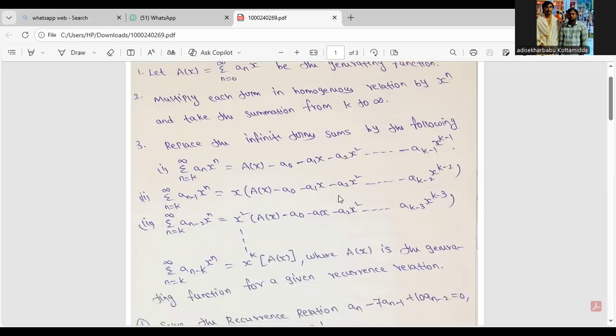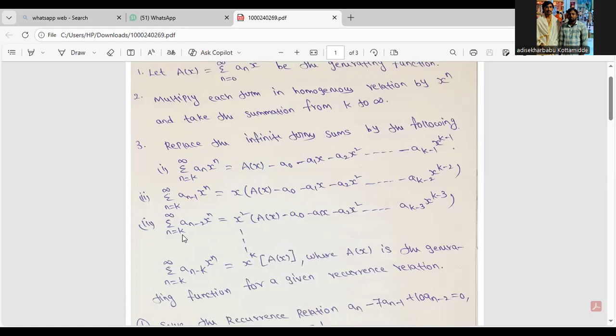Some terms in a homogeneous or non-homogeneous recurrence relation may be replaced. Summation n equal to k to infinity a n x power n equal to A of x minus a naught minus a1x minus a2x square. Second term: summation n equal to k to infinity a n minus 1 into x power n equal to x into A of x minus a naught minus a1x and so on.